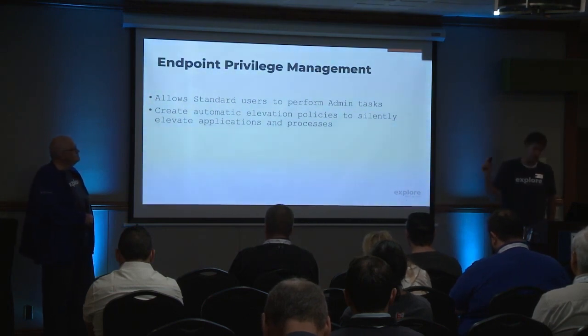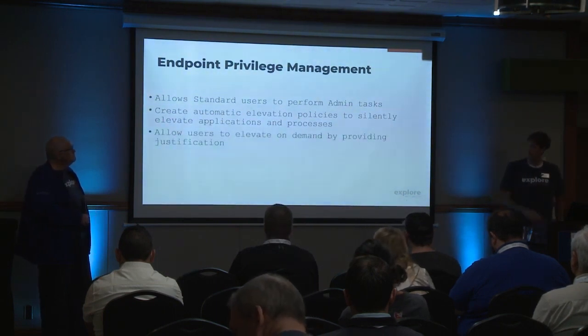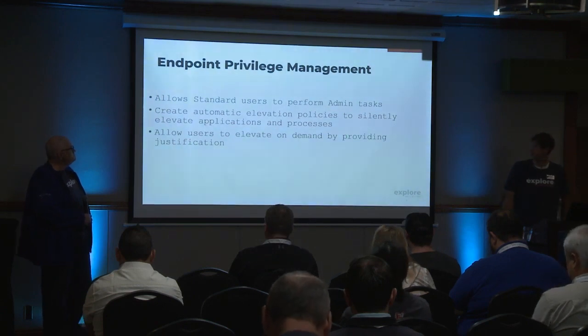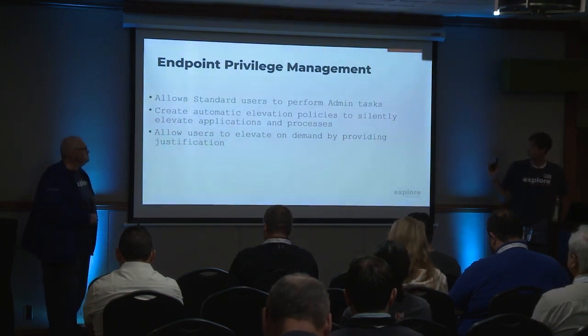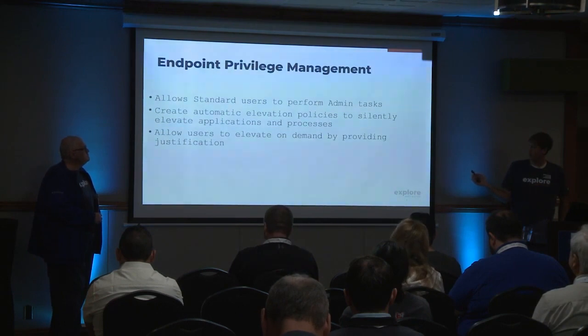They just double click the application. It'll run as admin rights if they need to. And then we can also create rules to allow users to elevate on demand by providing justification.